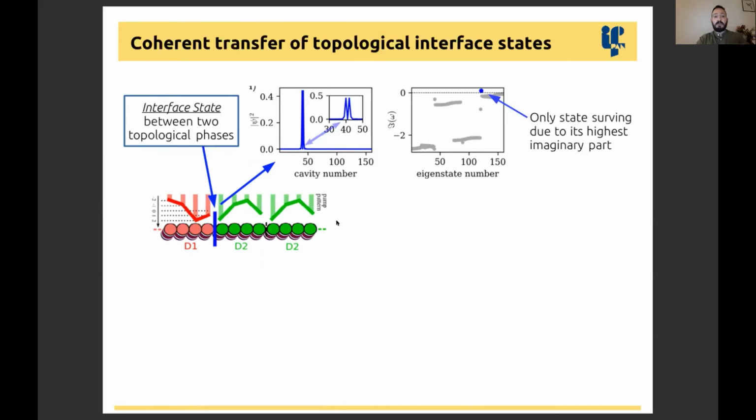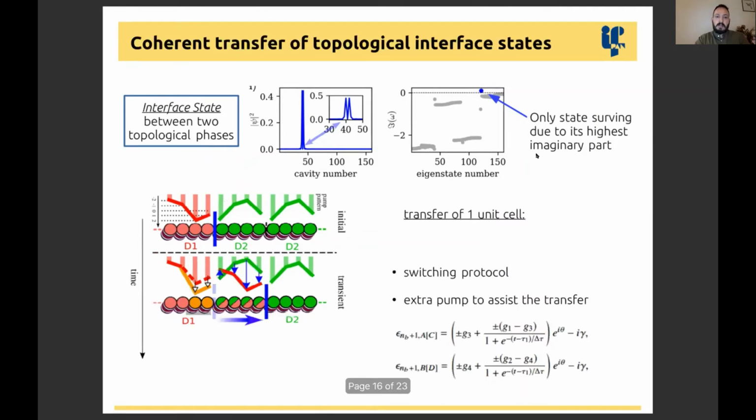We want to investigate how we can maximize the coherent transfer in a possible switch from one unit cell to another. So we take an interface state such that it has the highest imaginary value, such that at steady state it will be the only one surviving, so the other modes will be dead. And we try to understand the condition such that this transfer can take place.